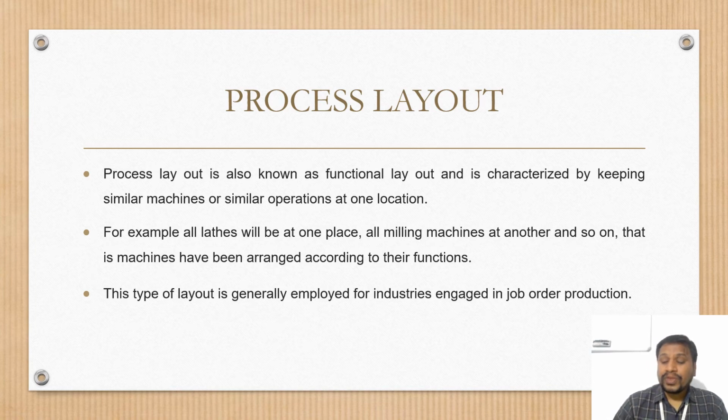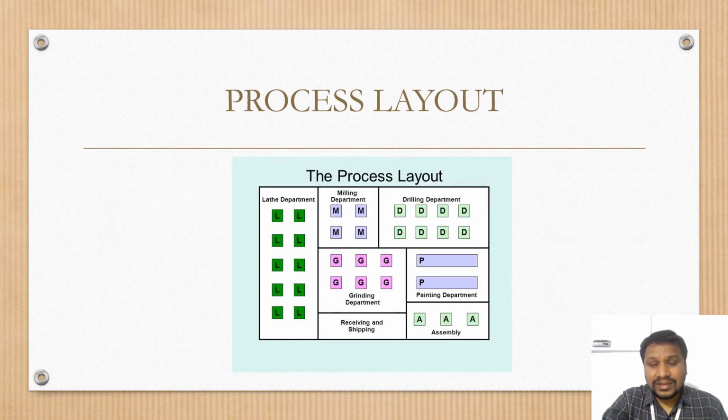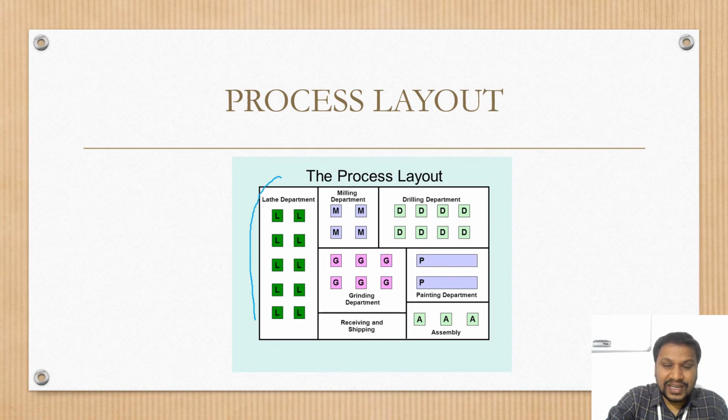Okay, so in the next slide, this is the type of process layout. You can see all lathe machines are placed at one location, all drilling machines are placed at another location, and all milling machines are placed at another location.